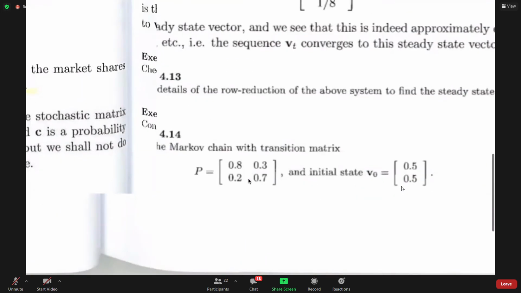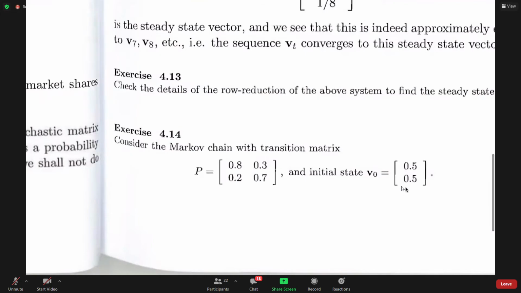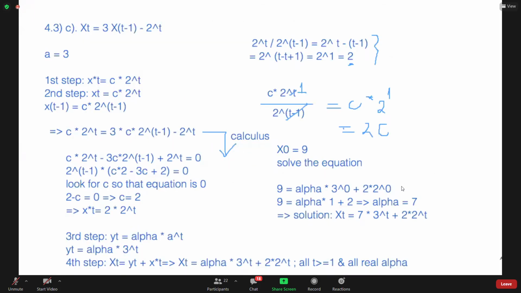So this is our transition matrix and our position vector V, probability vector V. And now I'm going to switch to the whiteboard and start actually calculating this exercise together, okay?